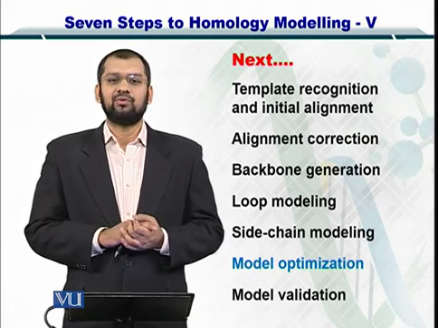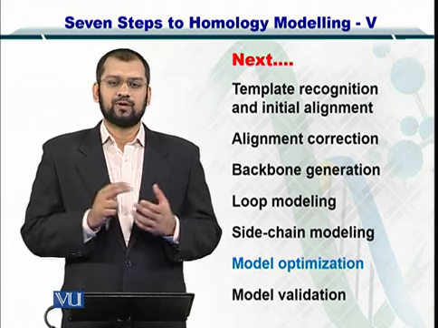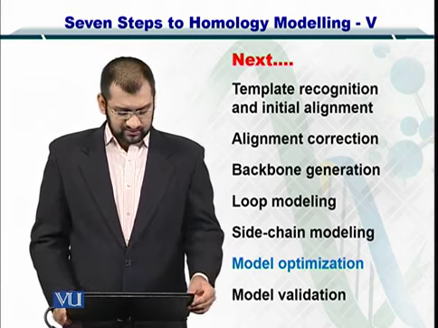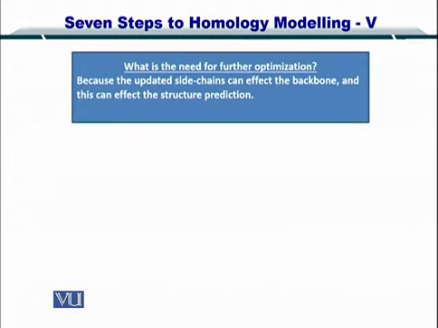So why do we need to optimize the model further? The answer is that once you insert the rotamers, they can create steric hindrance, or electrostatic interactions between them can cause the structure to become unstable. Therefore, once you insert the rotamers and side chains, you may want to evaluate your model for optimization.